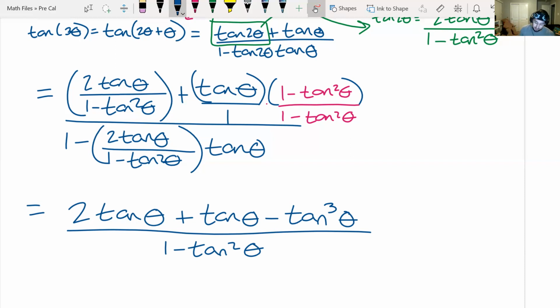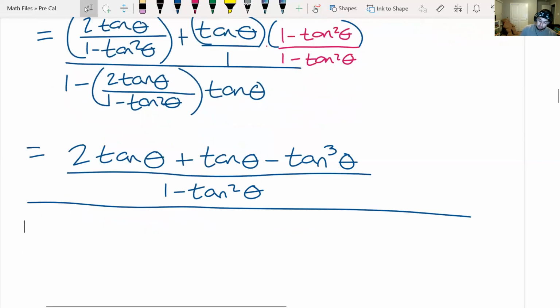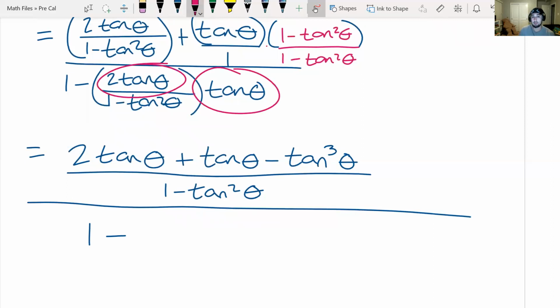Now to the denominator. All of this over what you see above. 1 minus, and now what's going to happen here is that this tangent and this tangent will multiply.